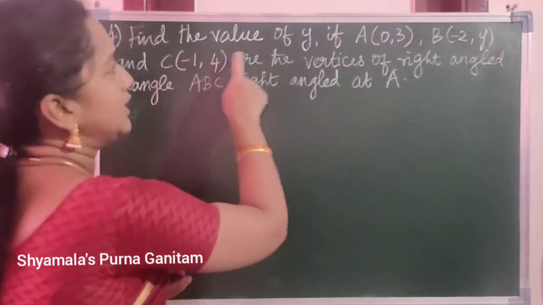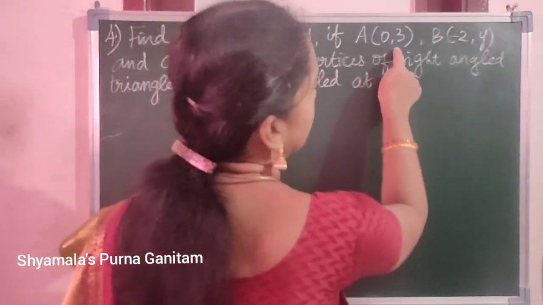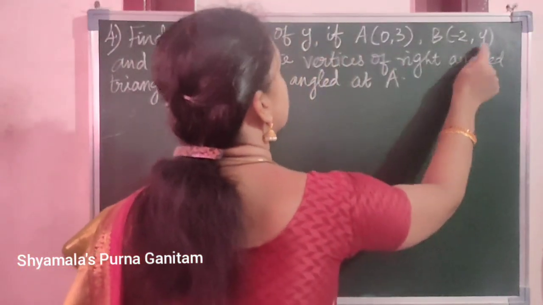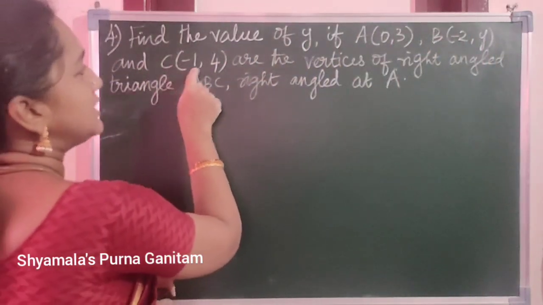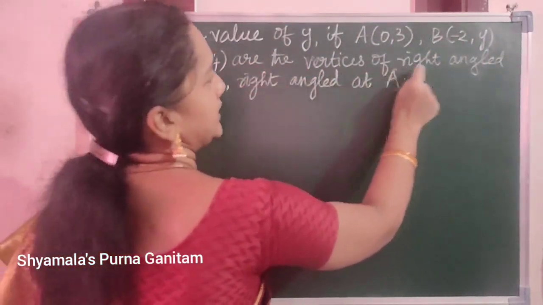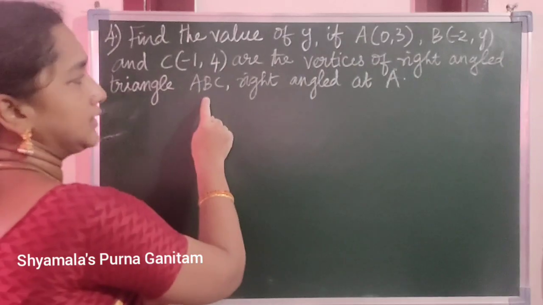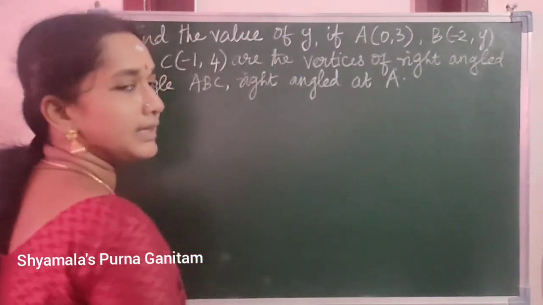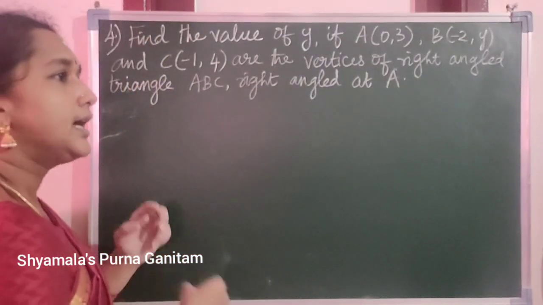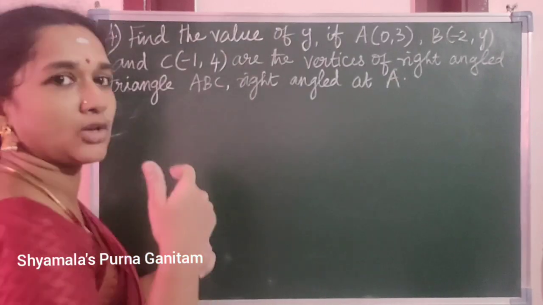Fourth sum. Find the value of y if A (0, 3), B (minus 2, y) and C (minus 1, 4) are the vertices of right angled triangle ABC right angled at A. In this, the hypotenuse and the other 2 legs are not given.